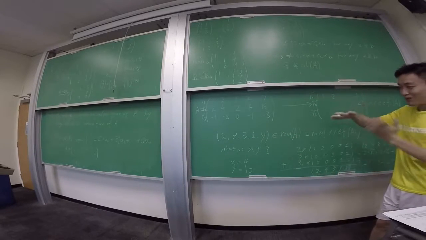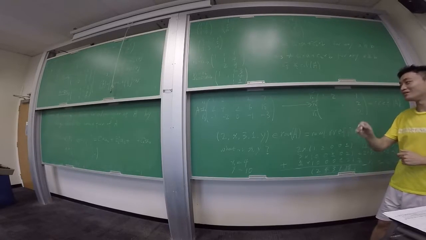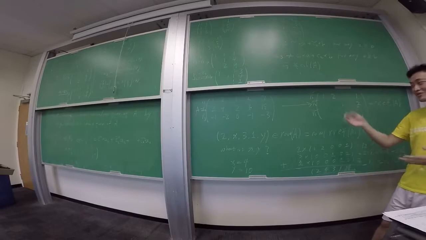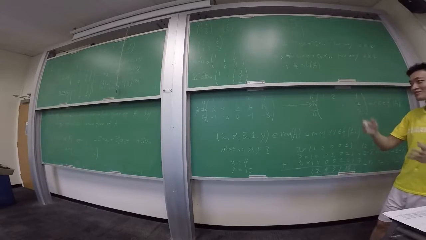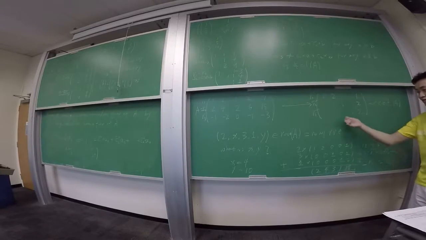So if you have a bunch of row vectors, it is very easy to check whether each is in the row space or not. You don't have to redo the process again, and you don't have to do the process with a bunch of row vectors. So this is the advantage of this way.